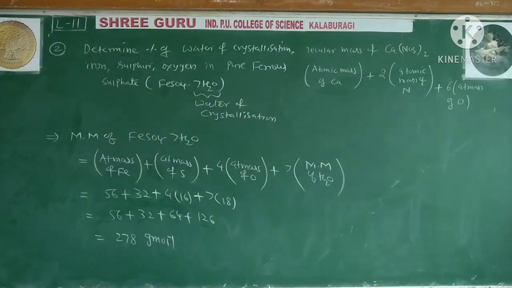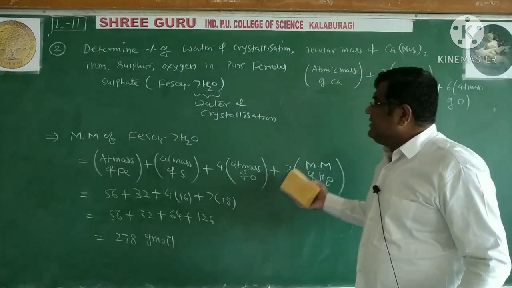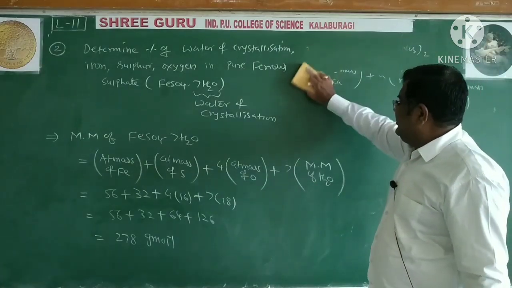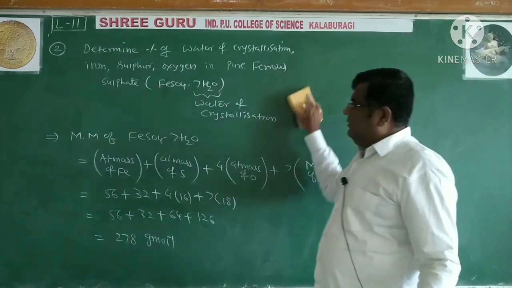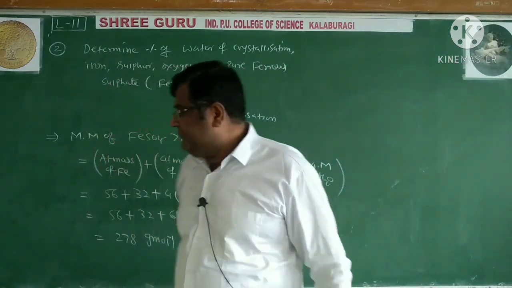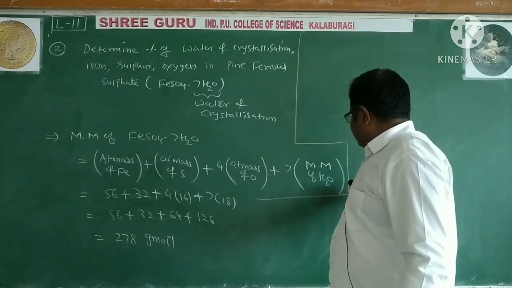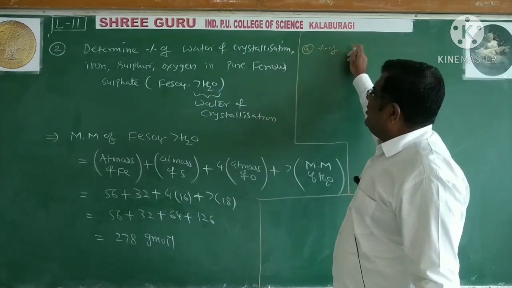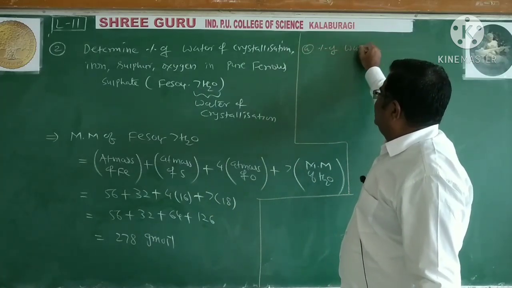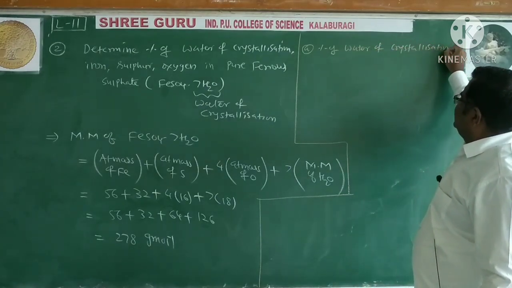Now the next part is very simple. We have to calculate the percentage of water of crystallization, percentage of iron, percentage of sulfur, and percentage of oxygen. We can say percentage of water of crystallization.